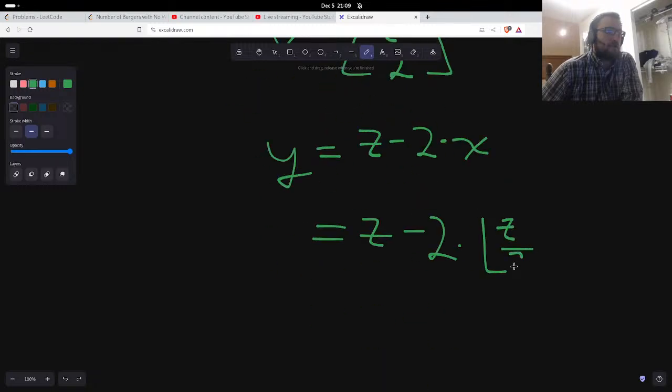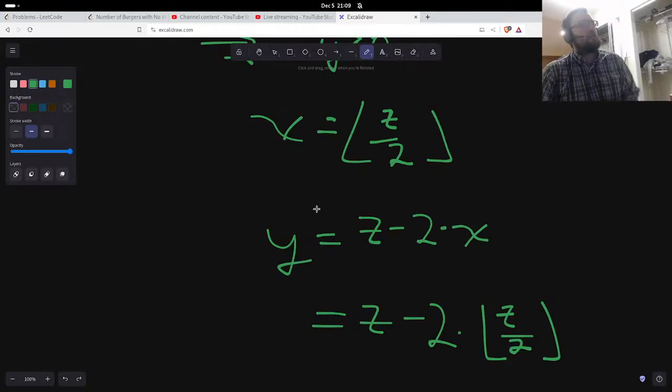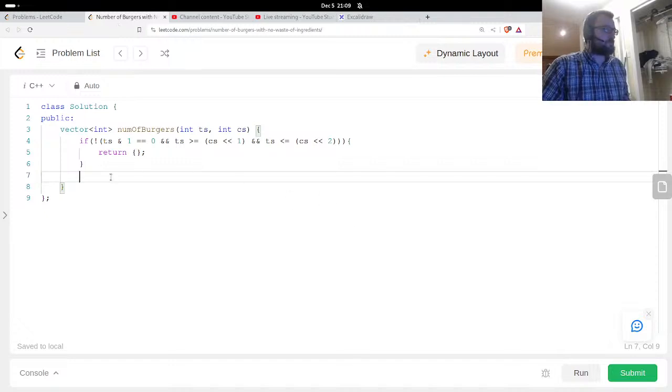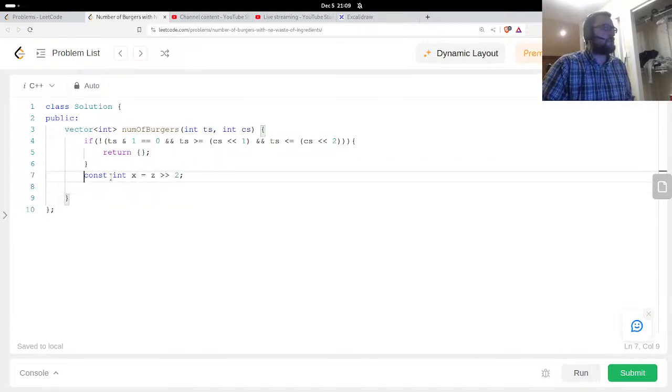Yeah, we don't need to get too crazy with this one. Don't need to do any extended Euclidean algorithm stuff here, so we'll just do X and Y this way. We'll say X is Z bit shifted by, it really should be bit shifted by 2.